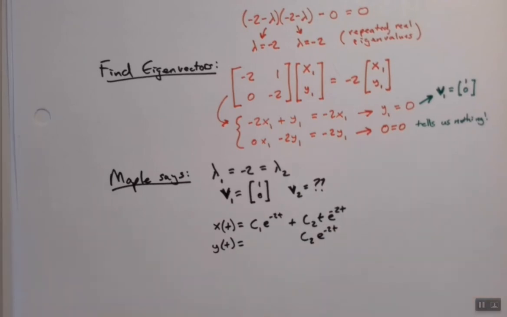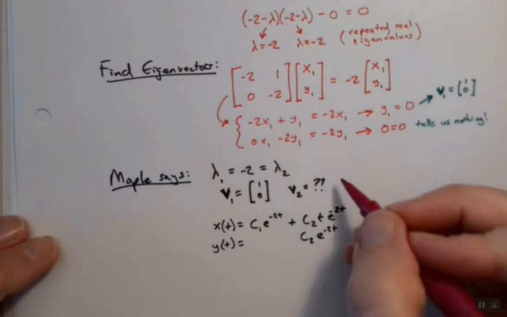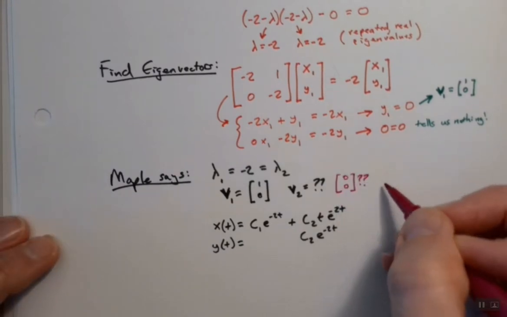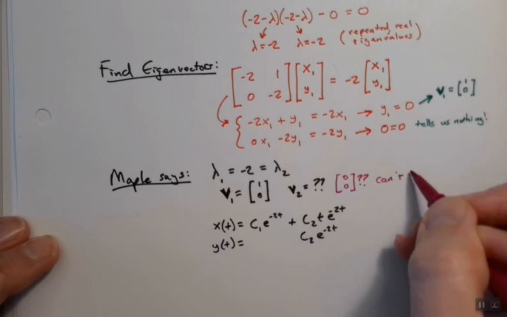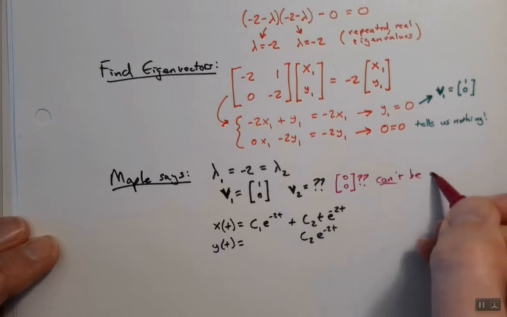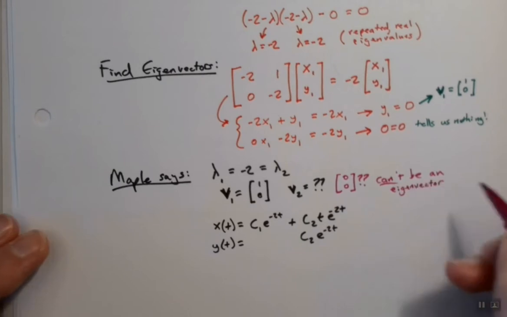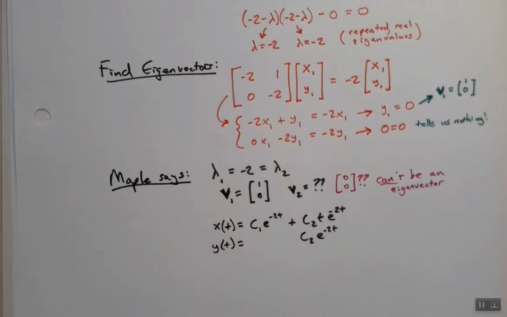So we wound up with this strange partially decoupled situation, but yet Maple was suggesting that we had a 0, 0 vector. That can't be true. And the reason it can't be an eigenvector is because it doesn't go anywhere. It doesn't tell us to do anything on the phase plane. So something weird is going on.